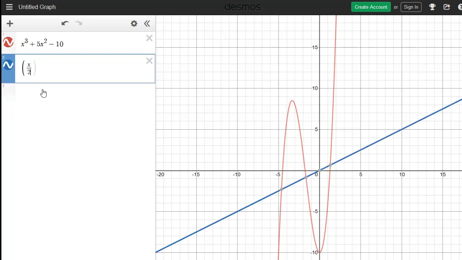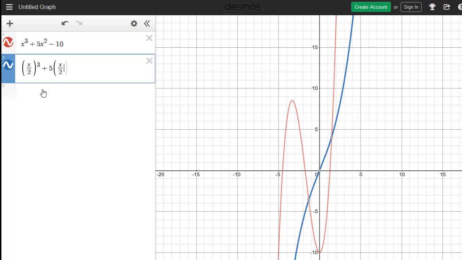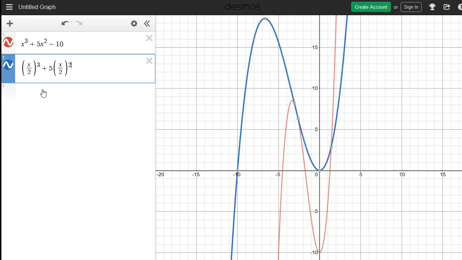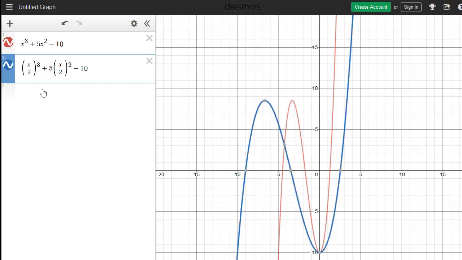Oops. I have to make sure that I don't get my parens in the wrong spot. Negative 3 plus 5 times x divided by 2 squared minus 10. And as you can see, it has literally stretched it horizontally.